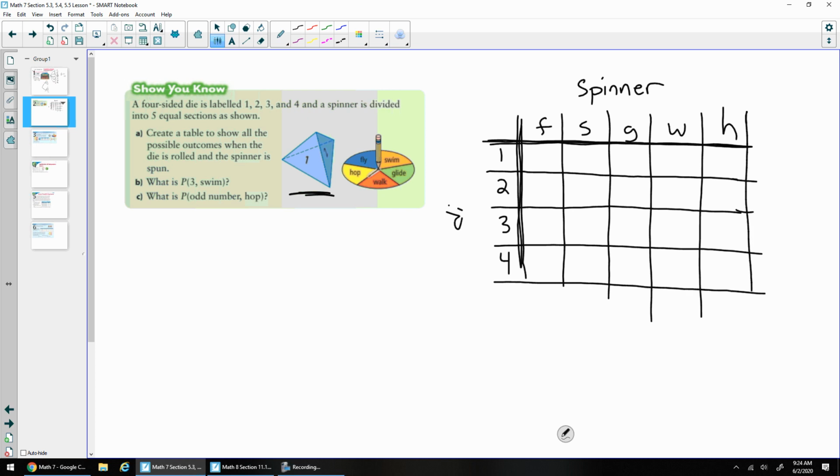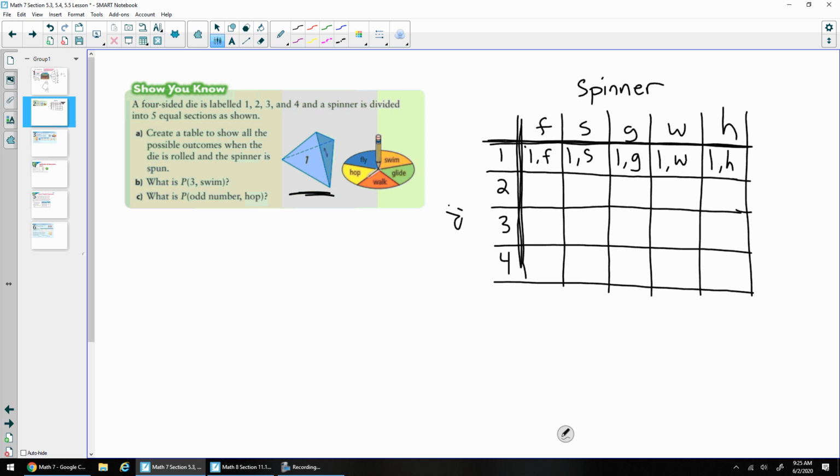If you wanted to make it neat, you could erase the ends of it. And so now I can fill this in and see where they combine. In this box right here, that is rolling a 1 and spinning fly. You can roll 1 and spin swim, roll 1 and glide, roll 1 and walk, roll 1 and hop.